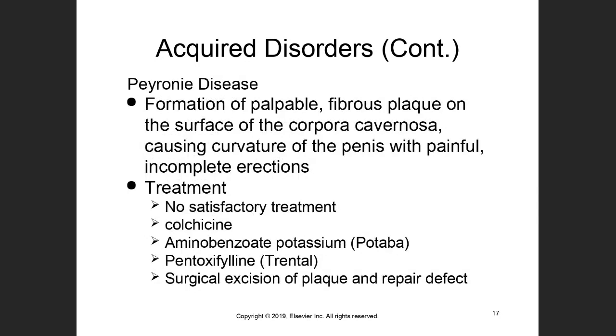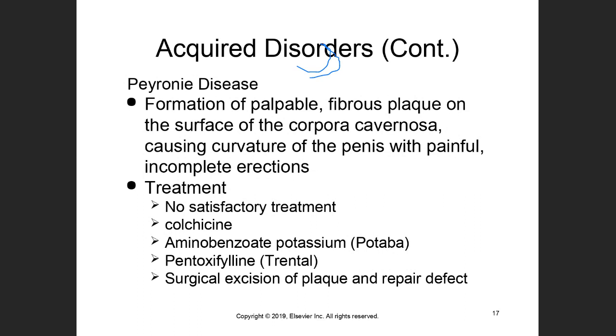Peyronie's disease is a formation of a palpable fibrous plaque on the surface of the corpora cavernosa. Okay, this is in the penis. It's a formation like fibrosis in the penis, and that produces pain, and also the penis starts bending like this.